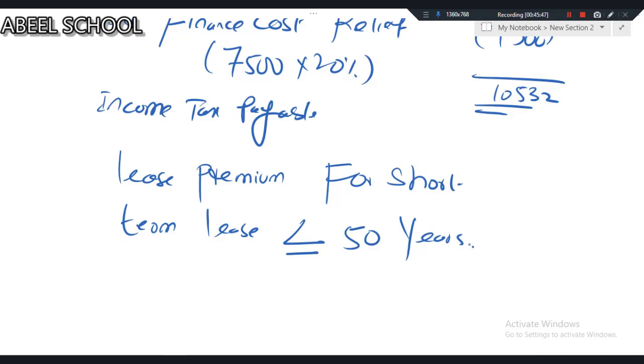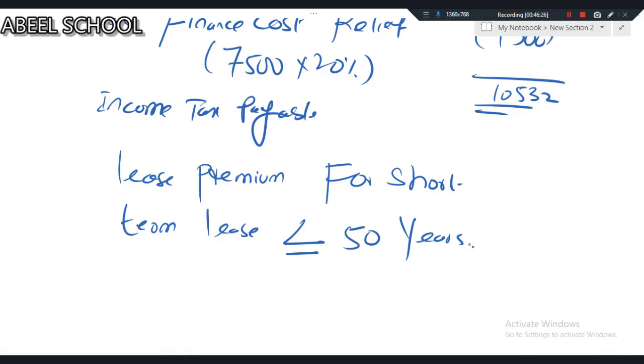Premium is paid only once, and it will only be asked by the landlord if the property is at a very good location. I'll just try to give you the reason behind the premium. And premium is non-refundable. All you need is to understand the tax treatment relating to the lease premium.